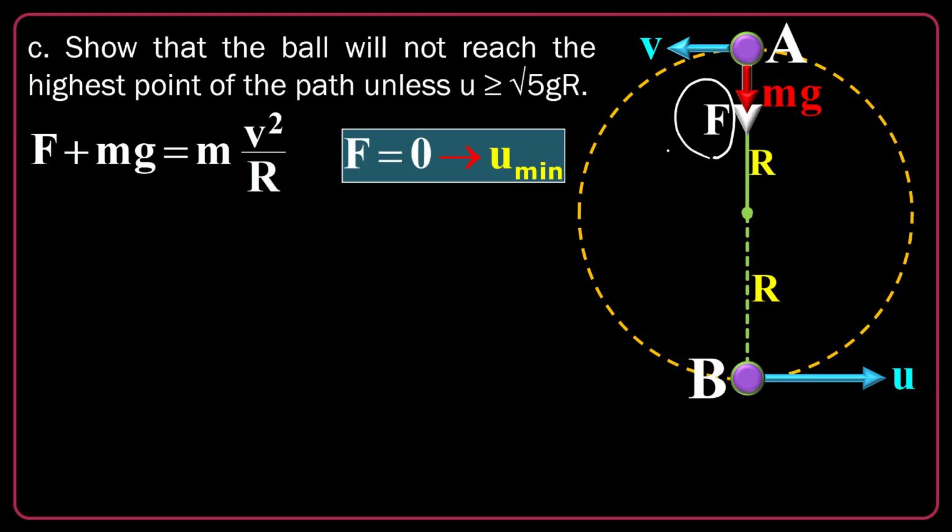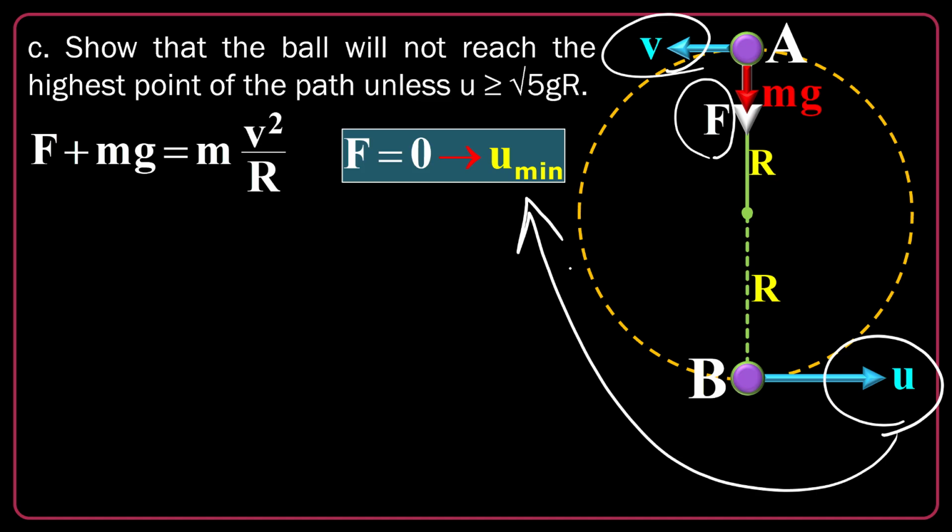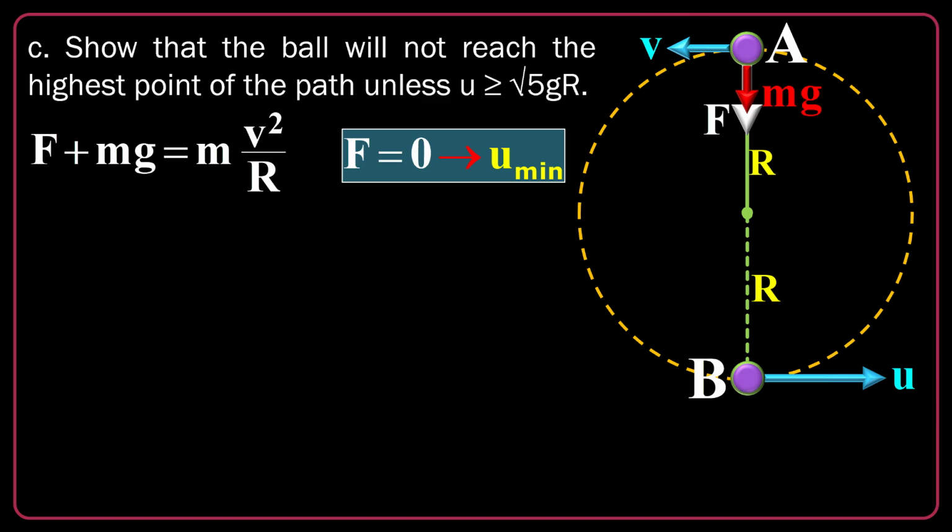So the minimum tension force we can consider at the point A is going to be 0. If we take it to be 0, this is the minimum speed here, and accordingly this is the minimum u we are looking for. We are going to show that this u cannot be less than the square root of 5gr, minimum u. Okay, now let's continue.